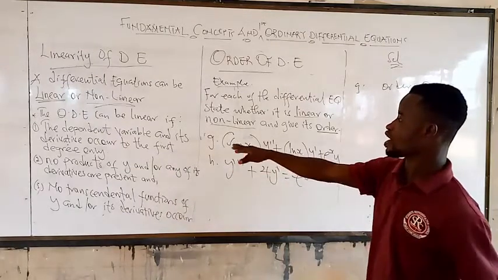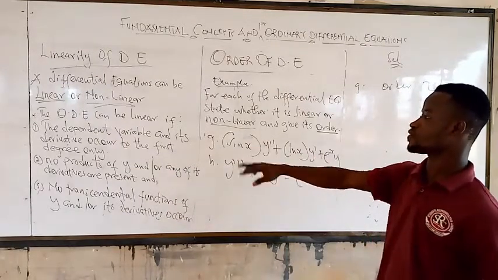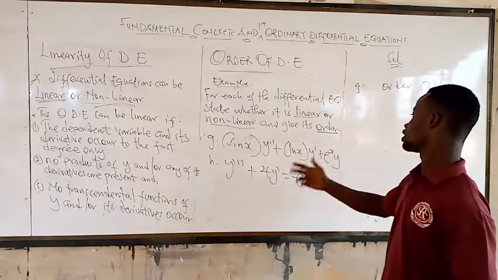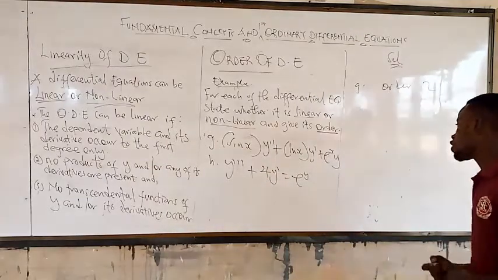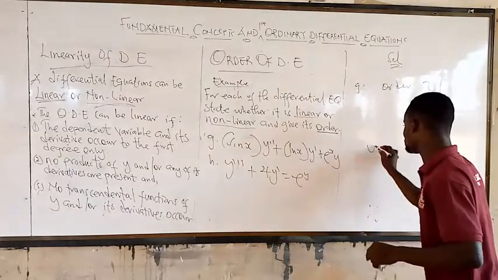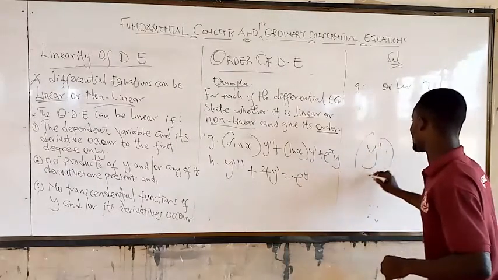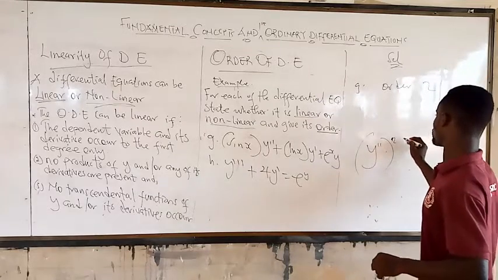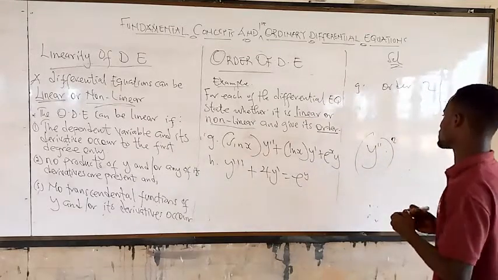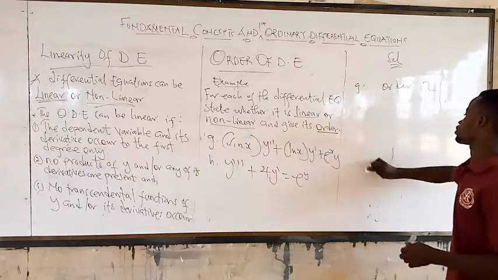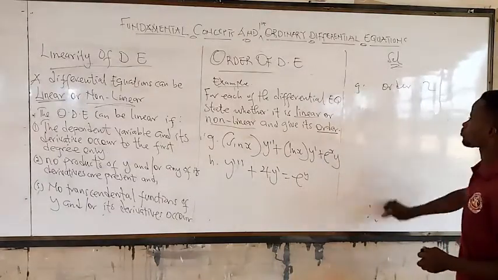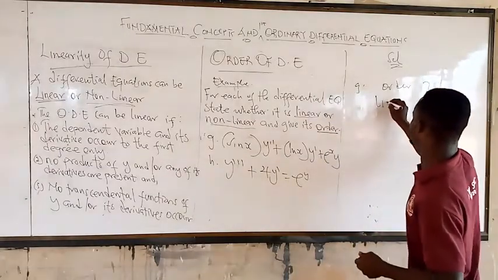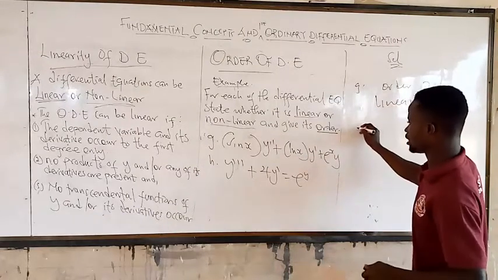The dependent variable and its derivative occur to the first degree only. If y prime prime occurs to the first degree, that means 1, not 2, 3, 4, 5. I keep explaining these things because it's very important. So this is linear, purely linear.